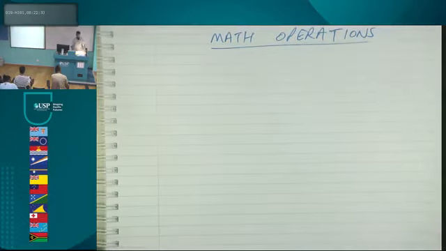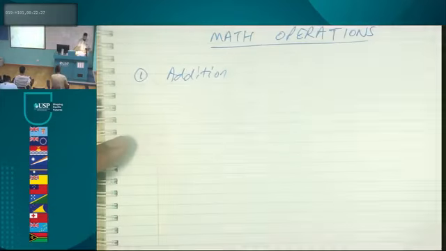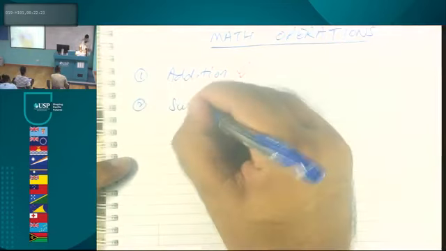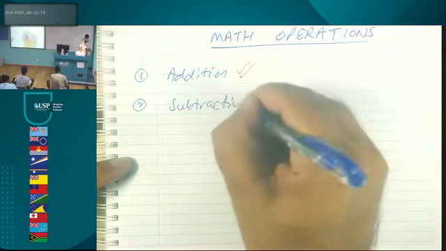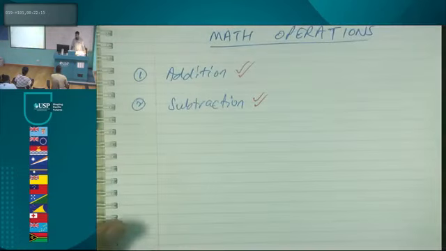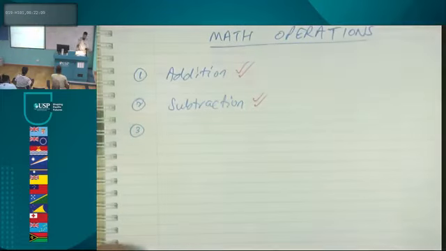All right, number 1, we've done addition, done, right? We did binary addition. Number 2, we've done subtraction, right? Number 3.